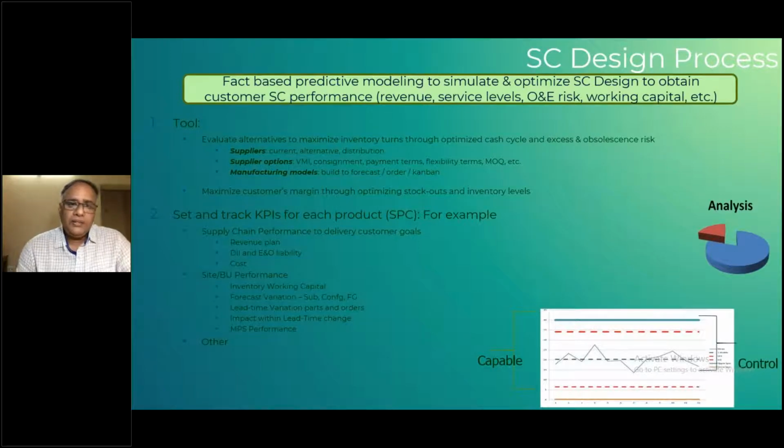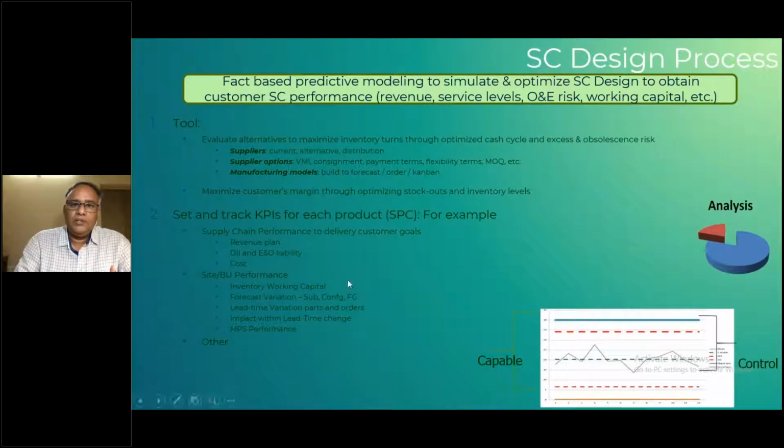So how are your suppliers positioned, what supplier options are available, and what is the manufacturing model? How are you building your forecast, ordering, and Kanban, covering your whole supply and the whole inventory model within the manufacturing? That is how you have to maximize your customers' margin through optimizing stock outs, right?